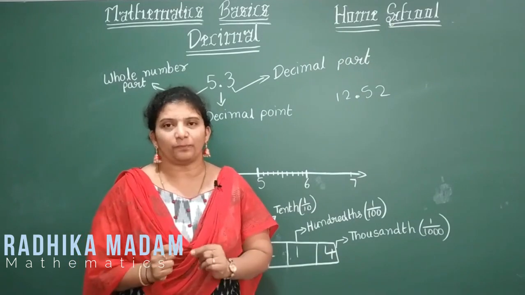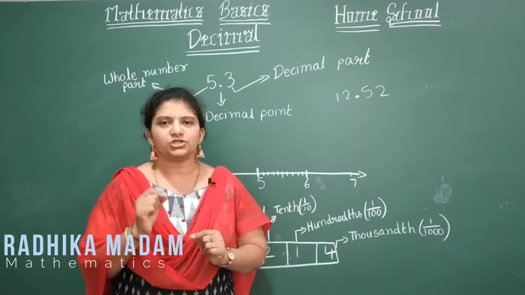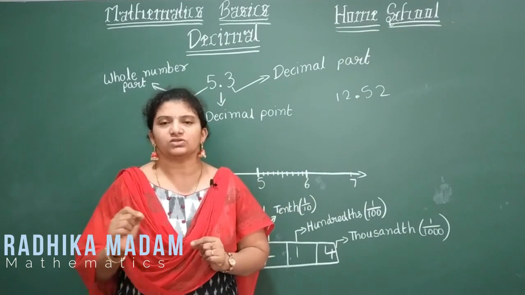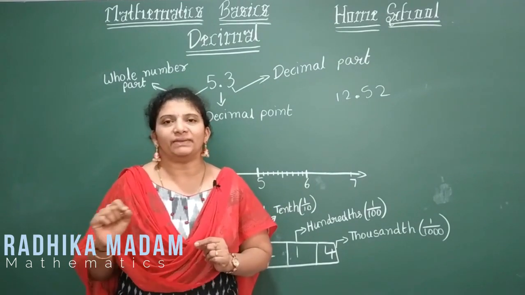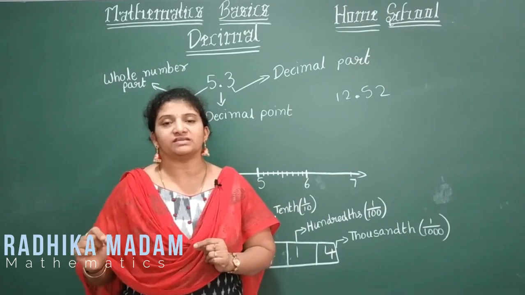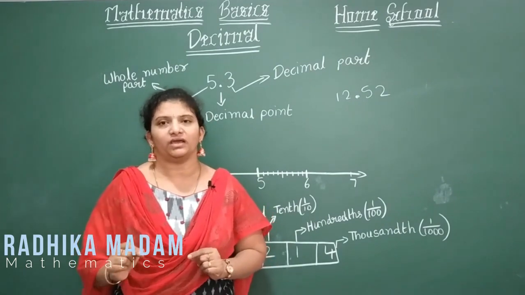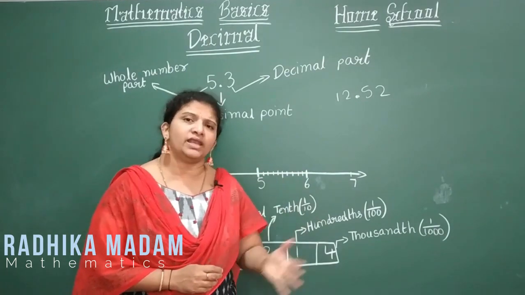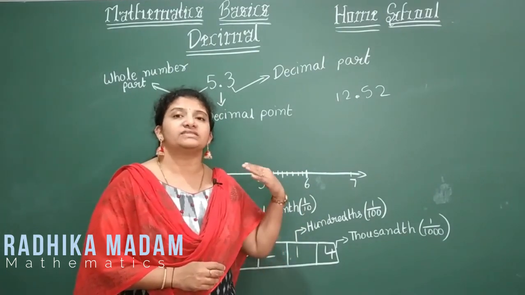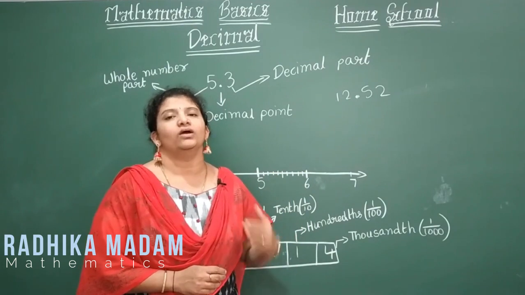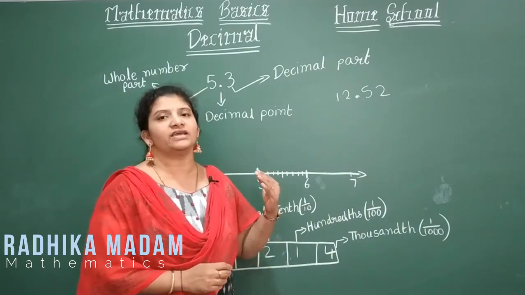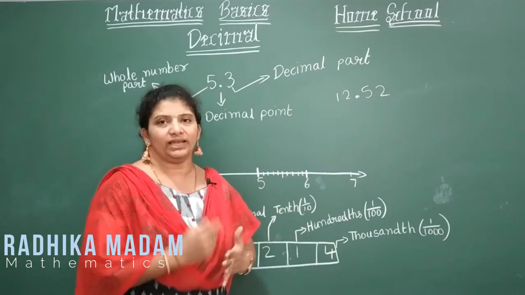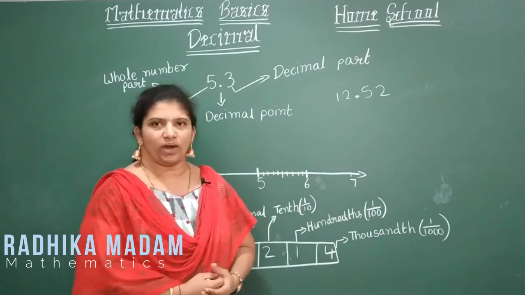Yes, 12 rupees, which is a whole number, and 50 paise. So, it is not a complete 1 rupee. That 50 paisa is half of 1 rupee. So, look here, children, however many numbers your decimal part may have, its value cannot be more than 1. Always the number we represent in the decimal part will be less than 1.